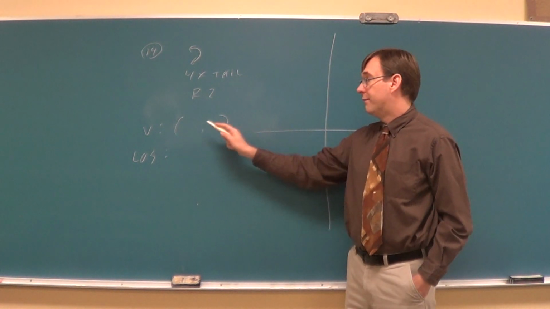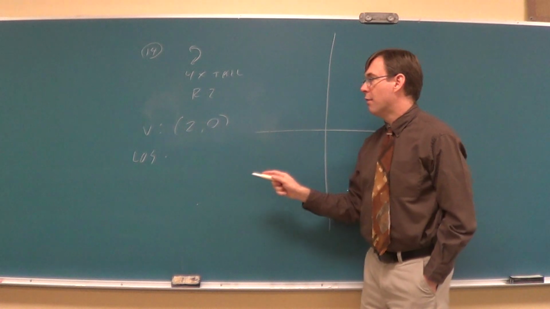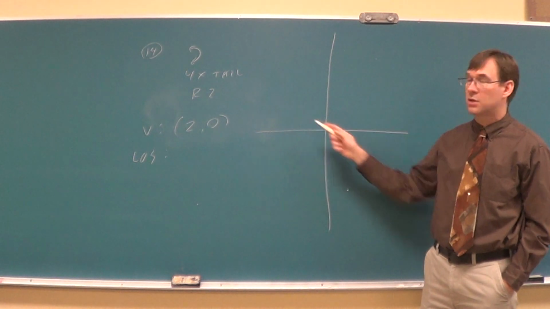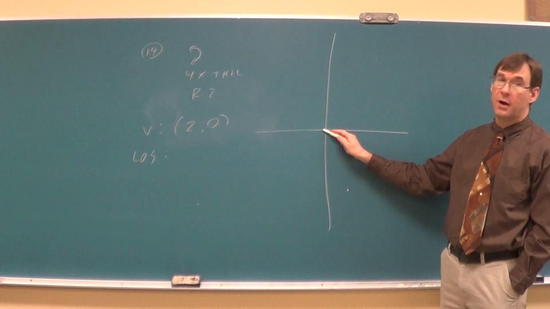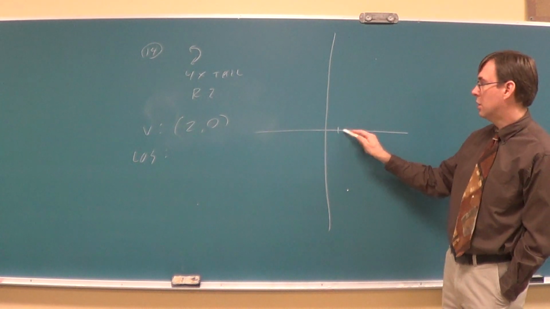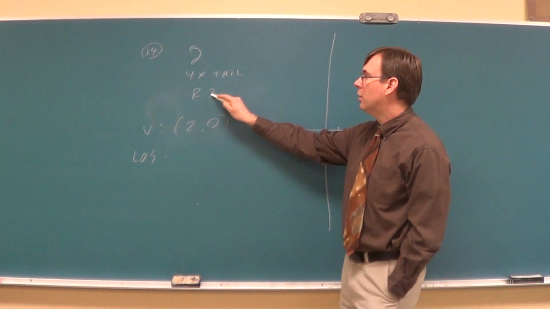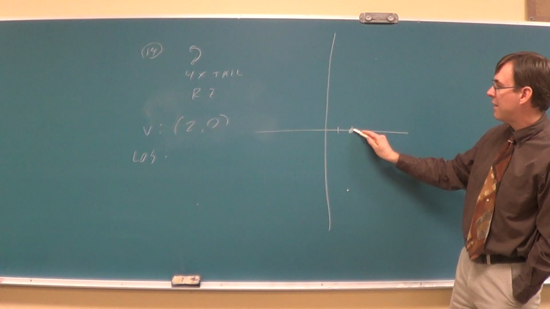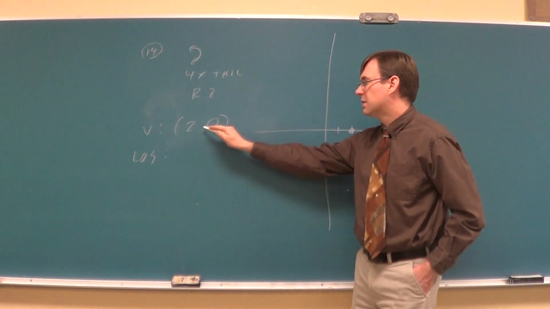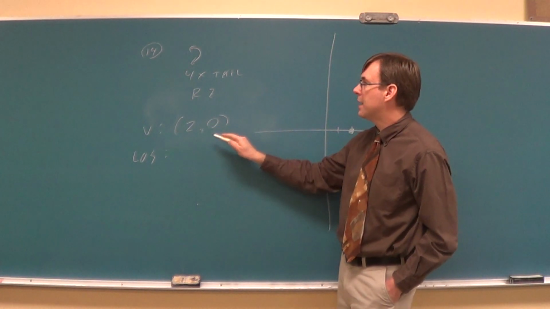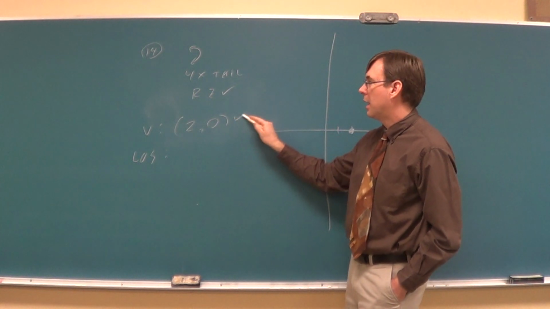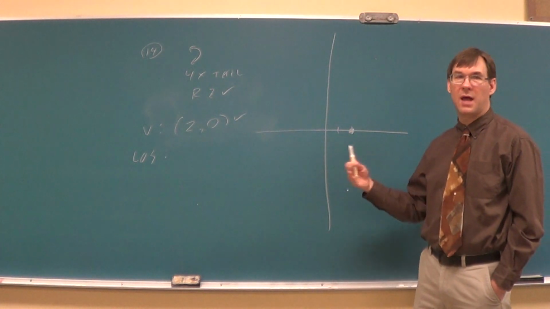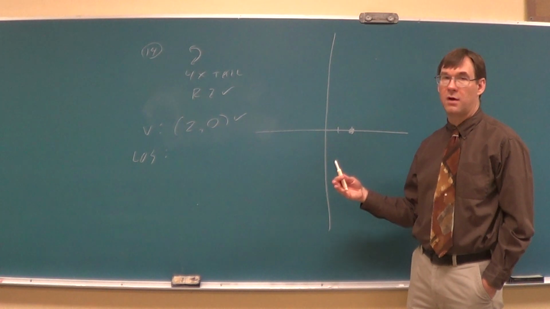The vertex is 2, 0. We could either find that first or make the graph first. Where would we start our graph? By going right 2. Being right 2 means that's where the graph starts, and that means the point called the vertex is located at 2, 0. Anybody have a question about how the right leftness is deciding a thing called the vertex?